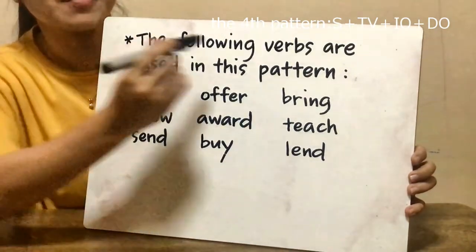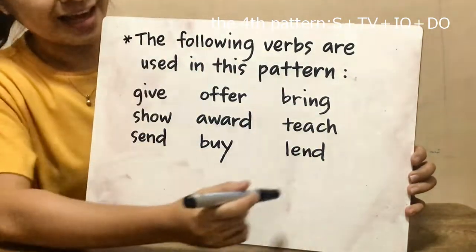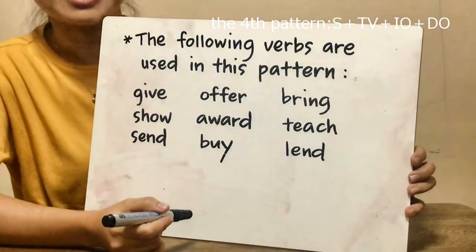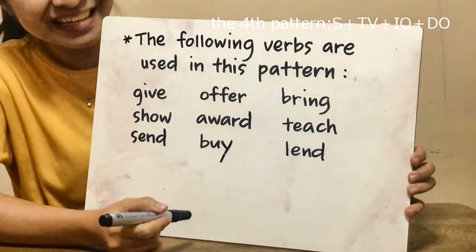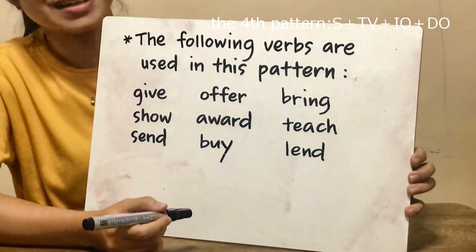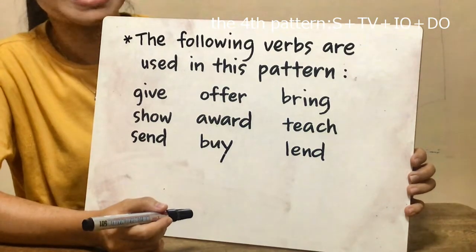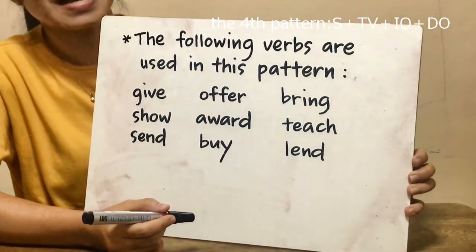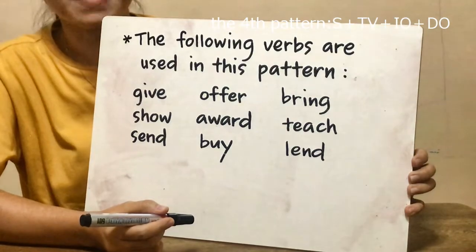So you can memorize these verbs, and after memorizing, you can make sentences using pattern number 4. Isn't it easy? Now we will proceed to the last pattern.